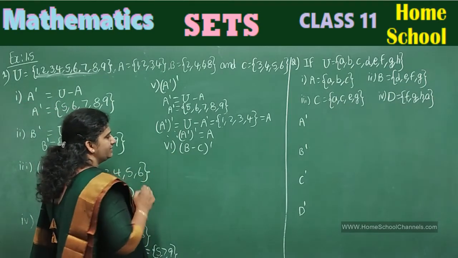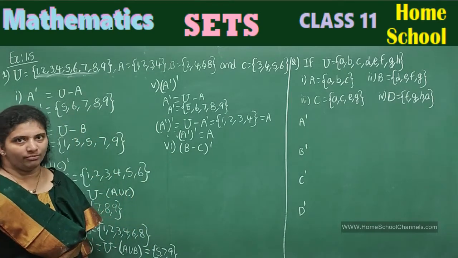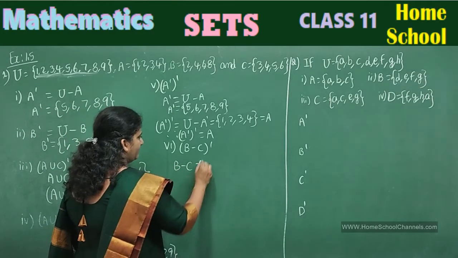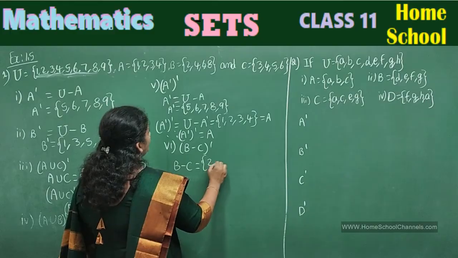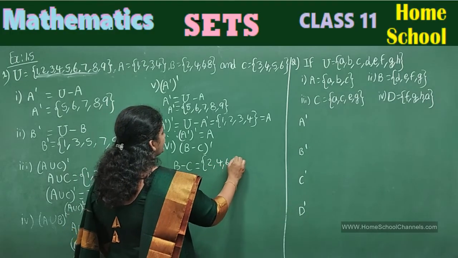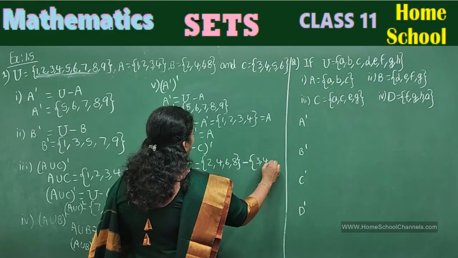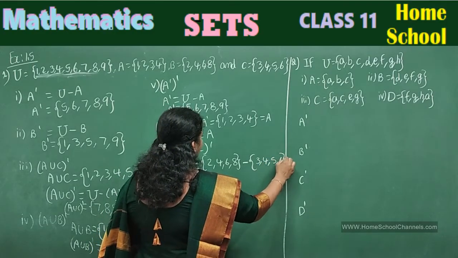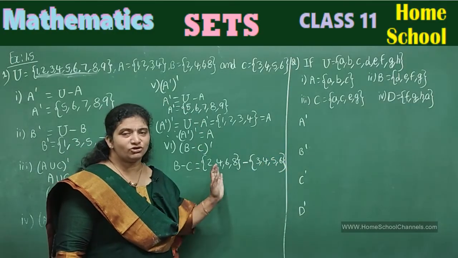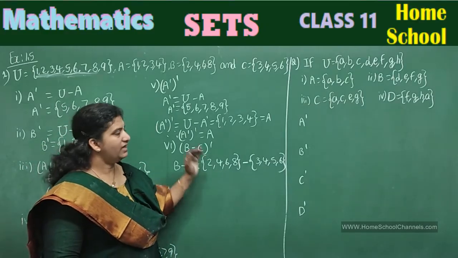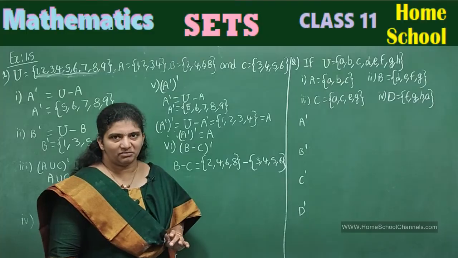Last one in this, (B minus C) whole complement. First find B minus C. B set is 2, 4, 6, 8, minus C set 3, 4, 5, 6. Minus in the sense, don't subtract elements. In the first set, remove the second set elements.